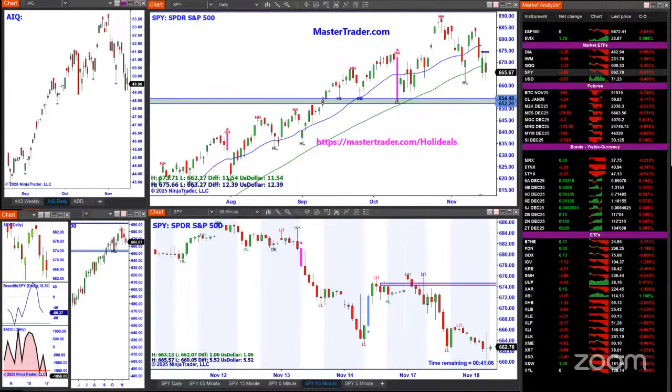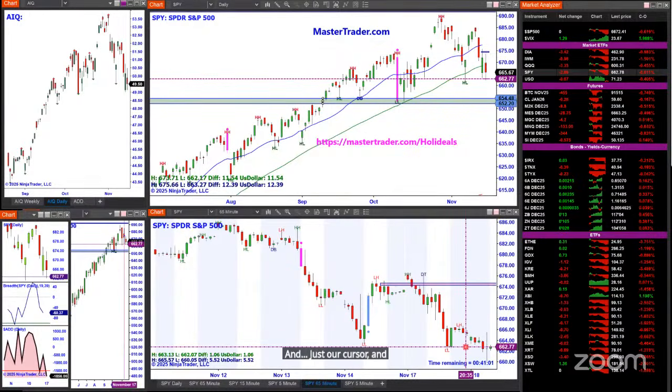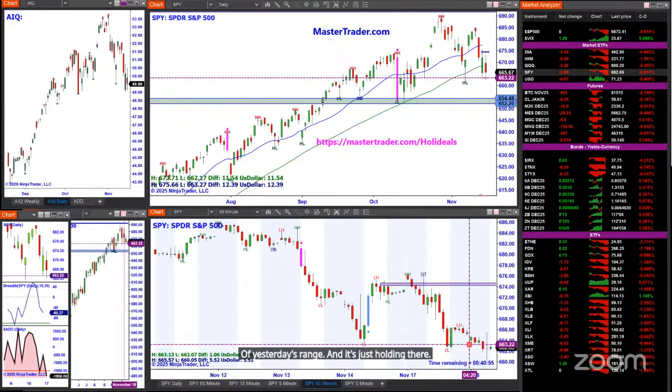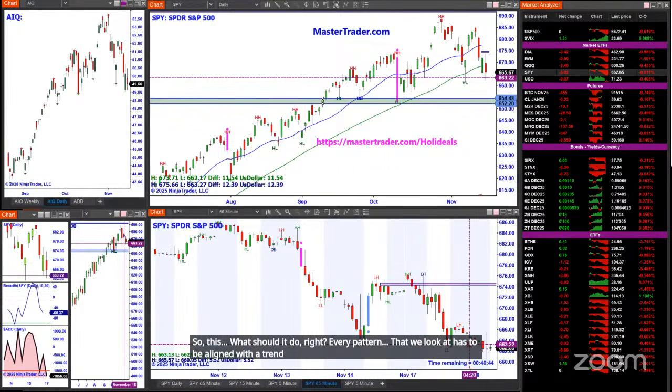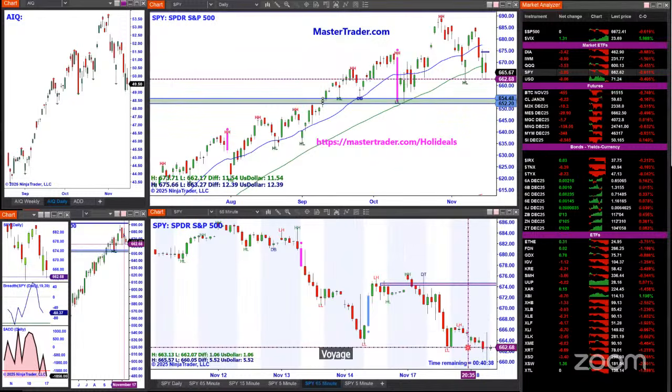So as we look at that, we see where they are right now. Just our cursor, and it's at the bottom of yesterday's range, and it's just holding there. So what should it do? Every pattern that we look at has to be aligned with a trend in multiple time frames and support and resistance, voids, relative strength and weakness, and so on.